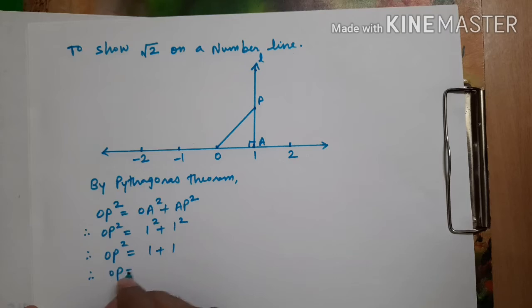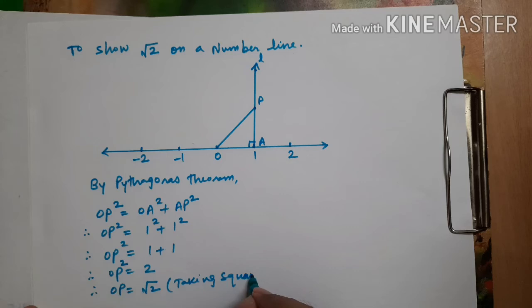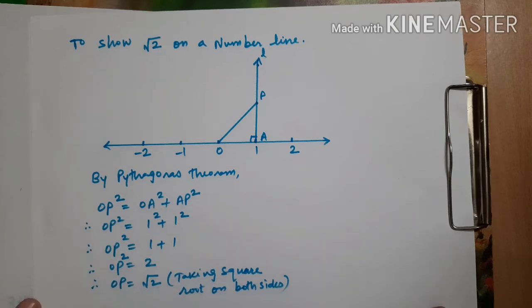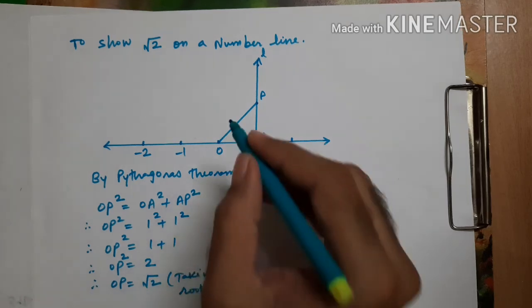Therefore OP square equals 2, and therefore OP equals root 2, by taking square root on both sides. So here we know that OP equals root 2.